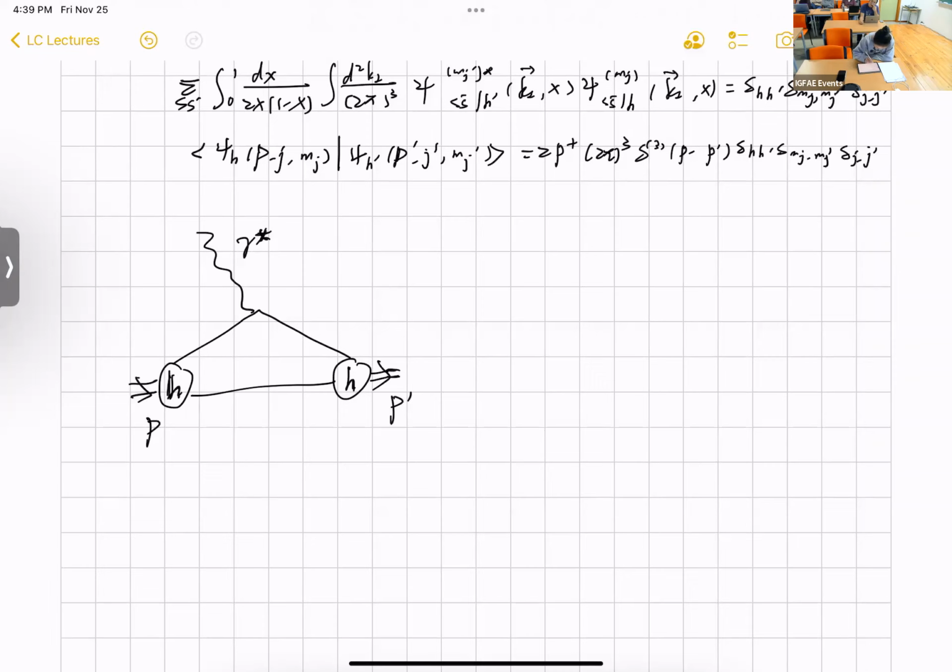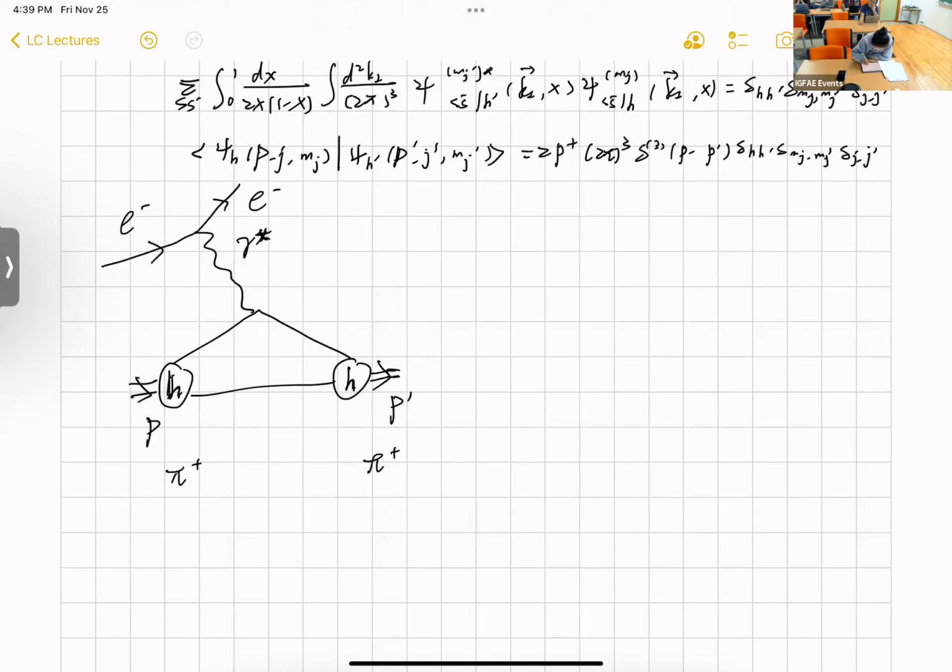And for example, experimentally, this would be something like you have an incoming electron, and here the Meson could be pi plus. Okay. And this kind of experiment could tell us some structure of the Mesons.